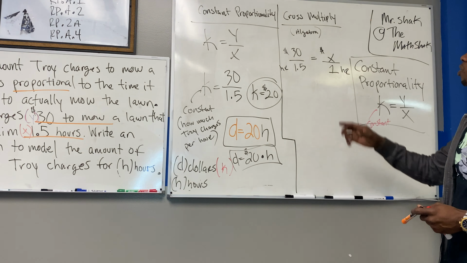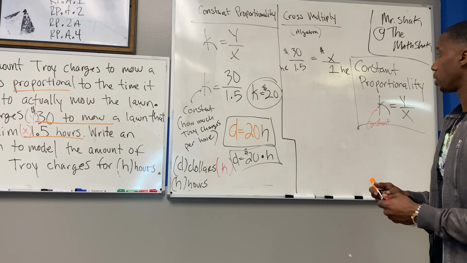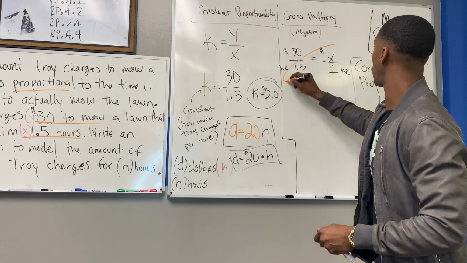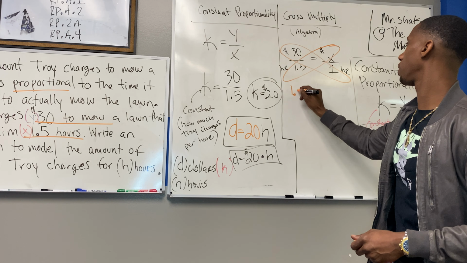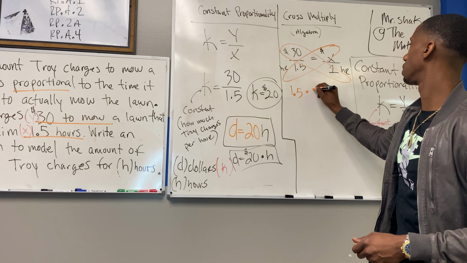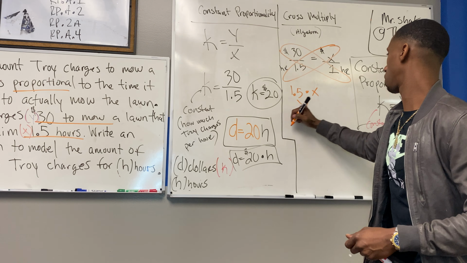Anything that's proportional can be cross multiplied and set equal to one another. So I want to cross multiply these, and that's going to help me find out what x is. 1.5 times x is equal to 1.5x.